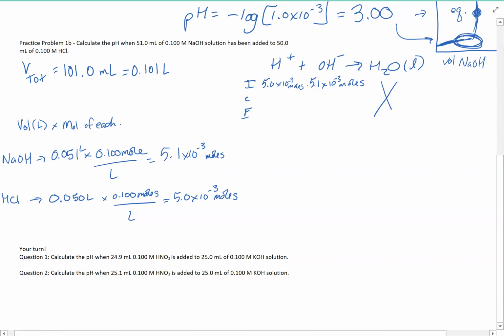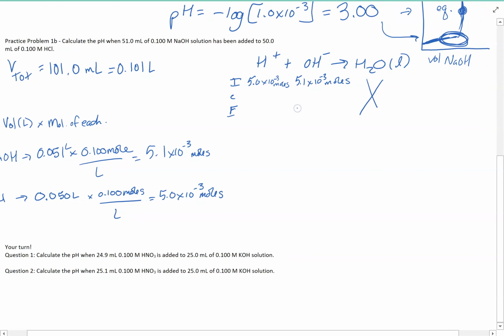From there, we're going to do the change thing that we did before. Remember, what I told you in the previous problem is we're going to subtract whichever one is smaller from both. So this guy's smaller. Can't subtract this one from both. You'd be left with a negative number. You should never have negative numbers for concentrations.